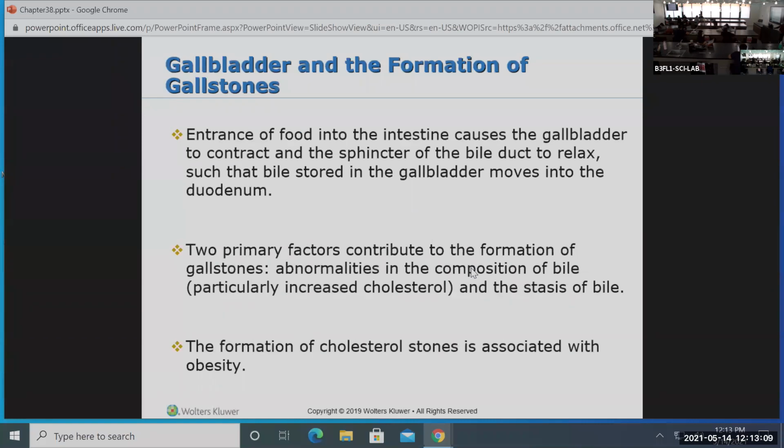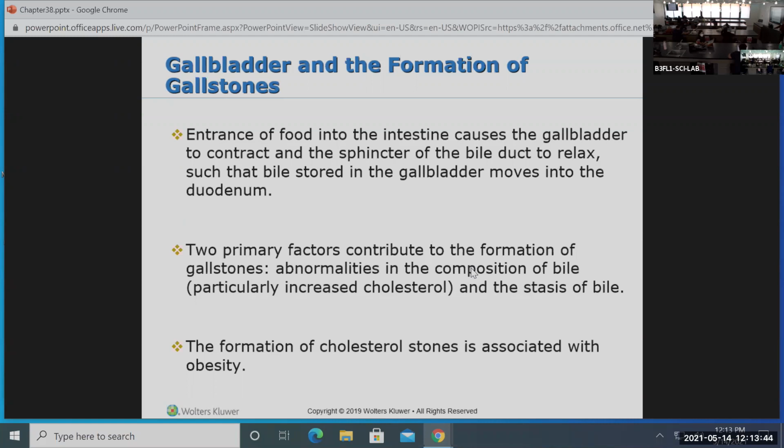Now the gallbladder and the formation of gallstones. Entrance of food. Now how is this gallbladder working? Whenever we have fatty food in the small intestine, they release a hormone we call, if you folks remember, CCK, cholecystokinin. That cholecystokinin causes contraction of the gallbladder to release bile.